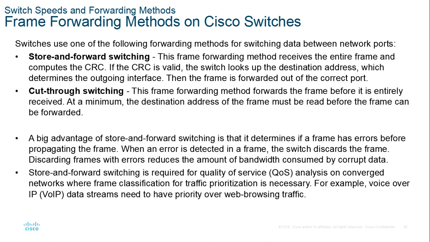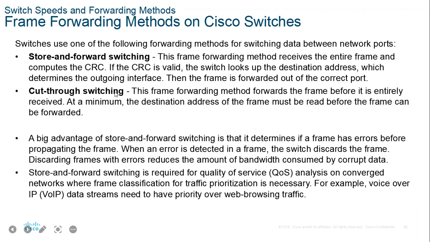This is what the switch uses to calculate if you have errors or issues. So before the switch does all of that forwarding, it tries to check for all of that. If it's valid, then the switch looks up the destination address, then determines the outgoing interface, then the frame is forwarded out of the correct port. So this helps mitigate errors and issues with regards to switching.